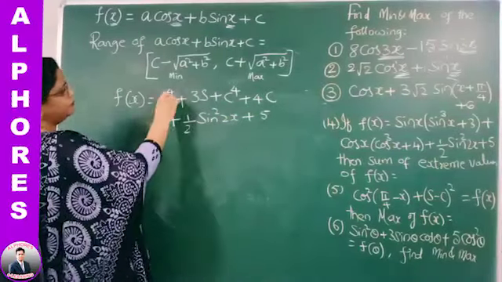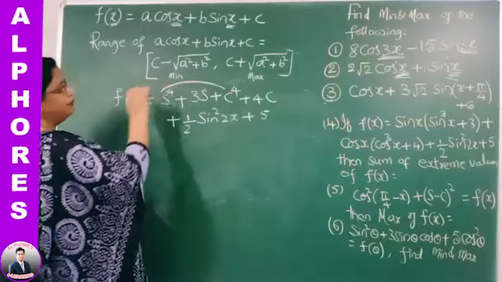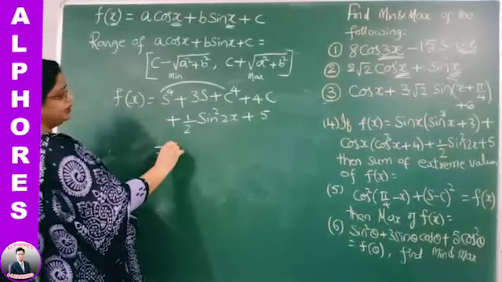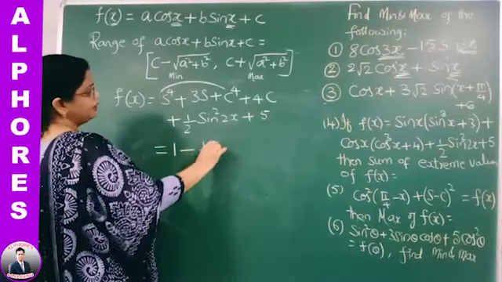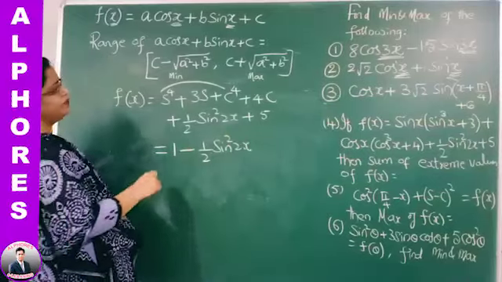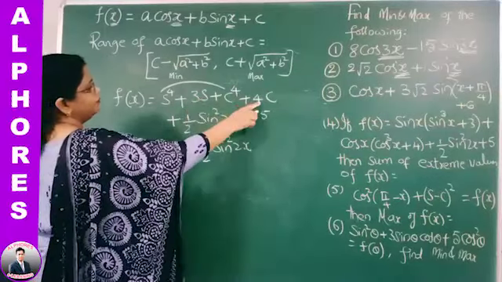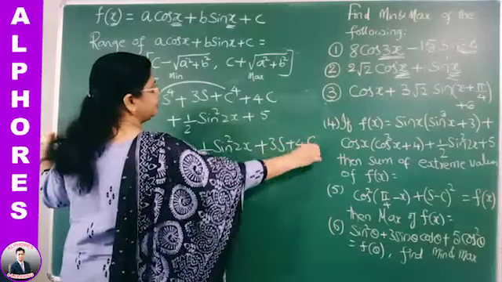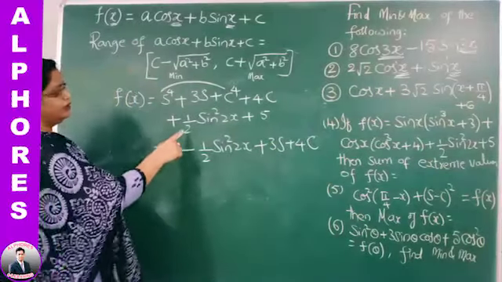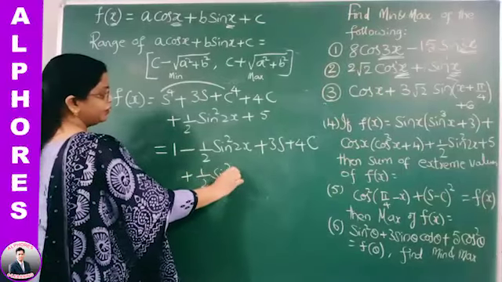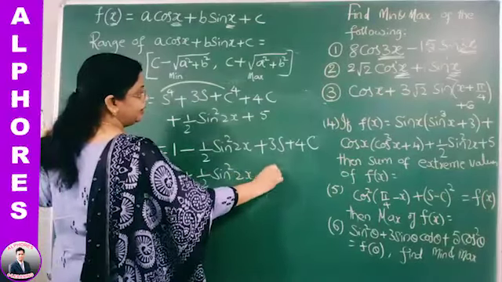And now sin power 4 plus cos power 4 is the known value, that is 1 minus half sin square 2x. Understand, students? And next value, this is 3 sin plus 4 cos. As it is I am writing 3 sin plus 4 cos, and later plus half sin square 2x. Okay, and then this is nothing but 5.